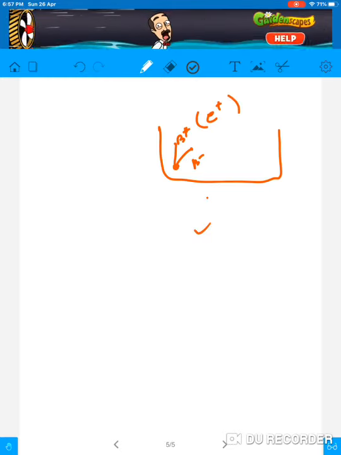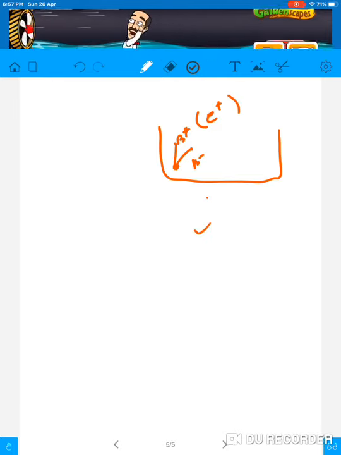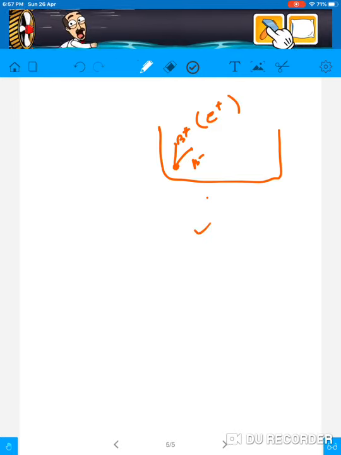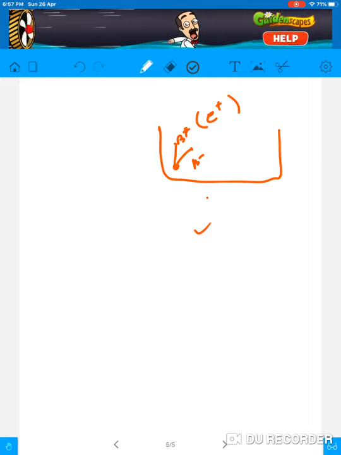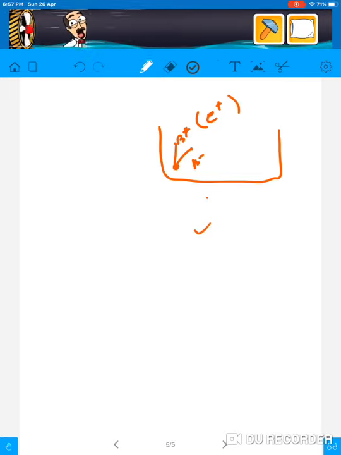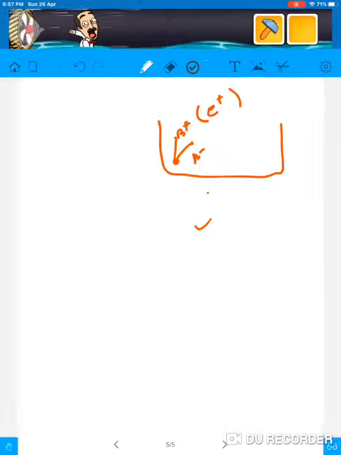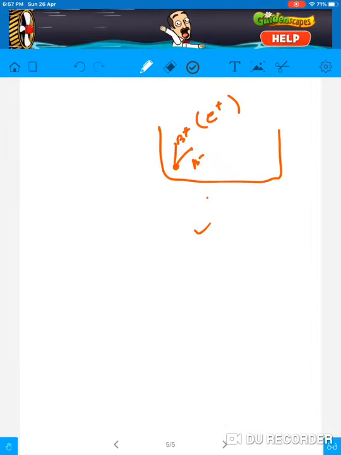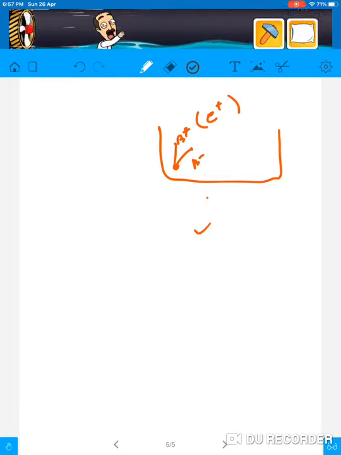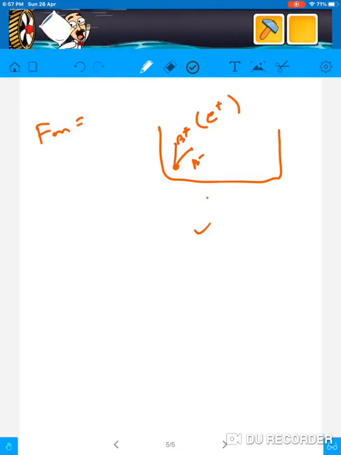This particle will certainly have some velocity because it is emitted by the nucleus, and there will be some kinetic energy of the beta particle. Because of that, it will move, and inside the magnetic field it will experience a magnetic force, which is q v cross B.